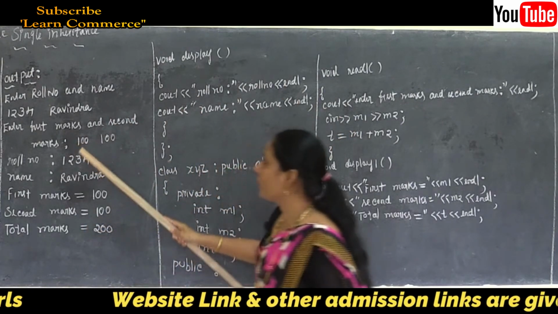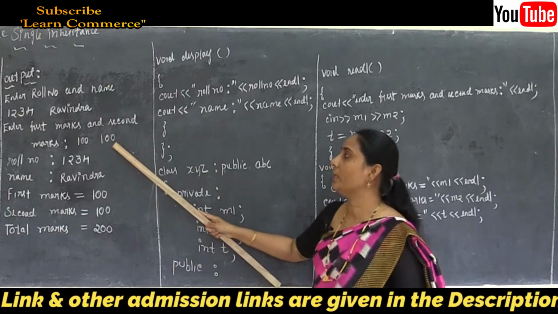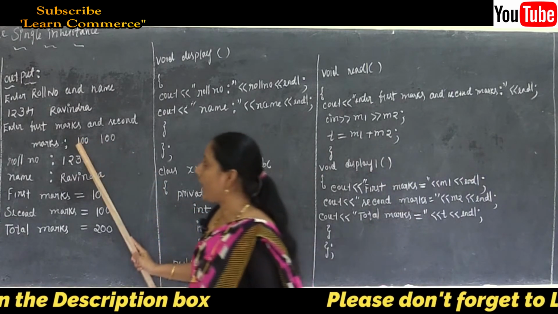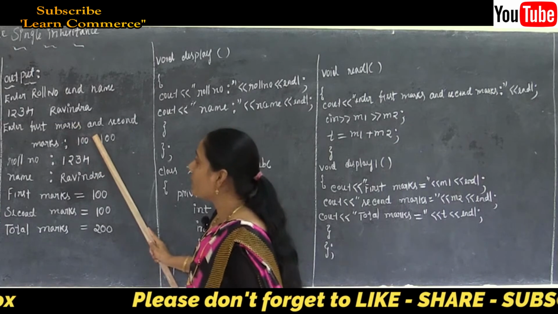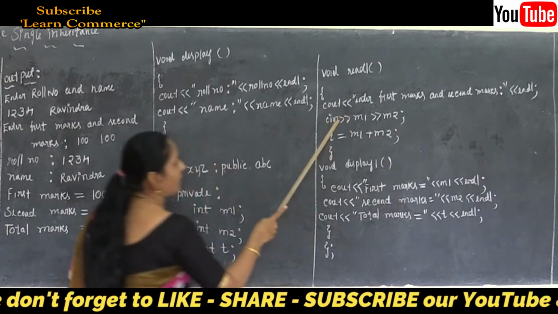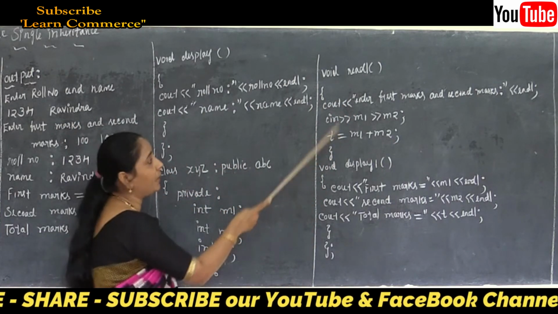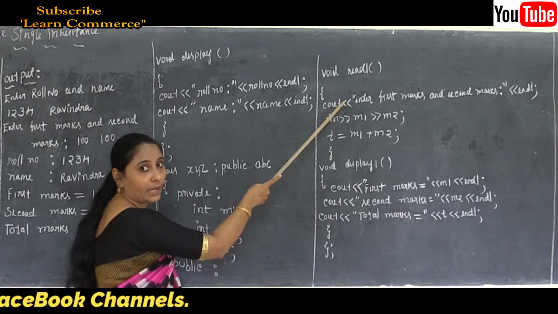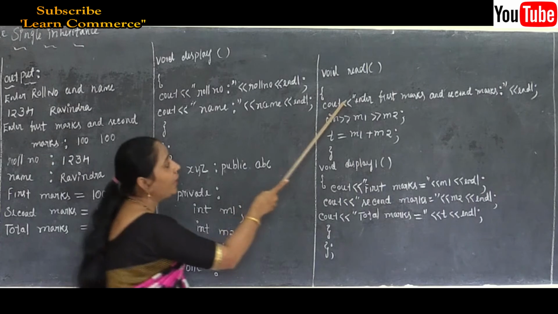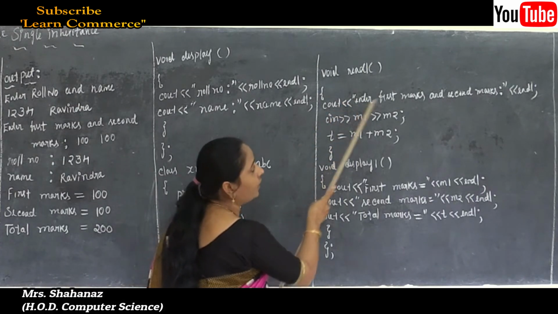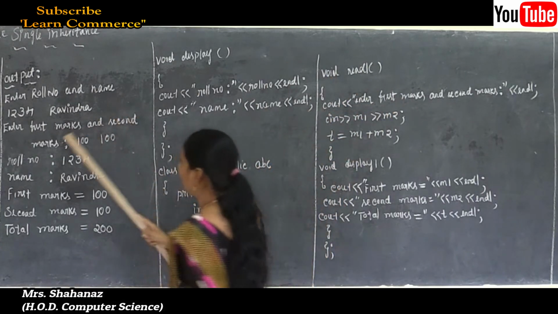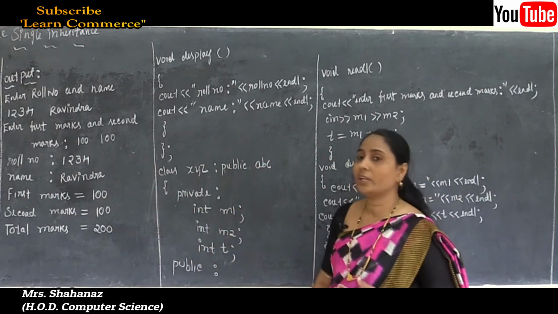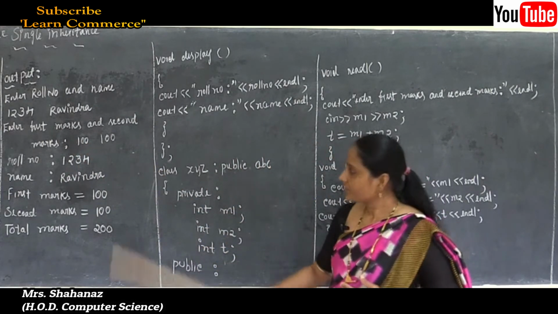The marks for M1 is 100 and for M2 is also 100. It only displays the message you wrote: enter the first marks and the second marks.